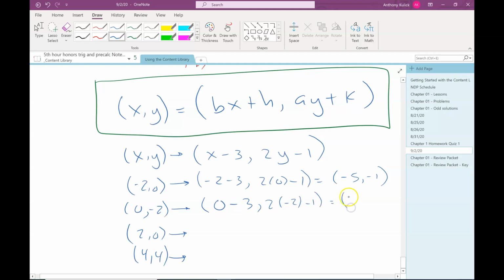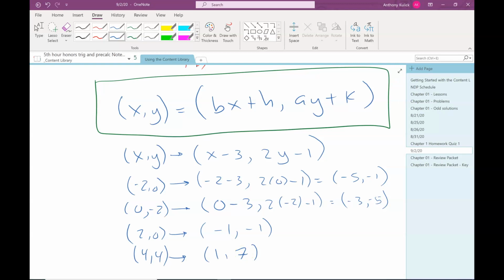And the next one becomes -3, -5. And so on and so forth. I get -1, -1. And my last one becomes 1, 7. Is everybody okay there?